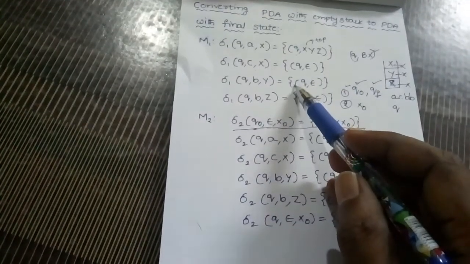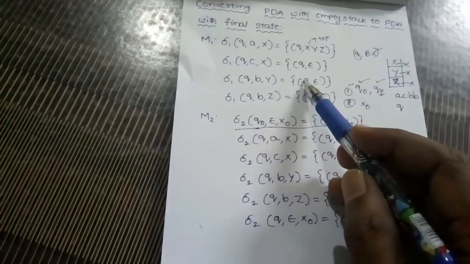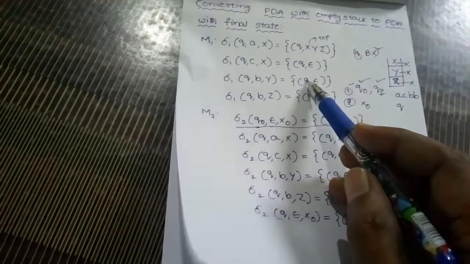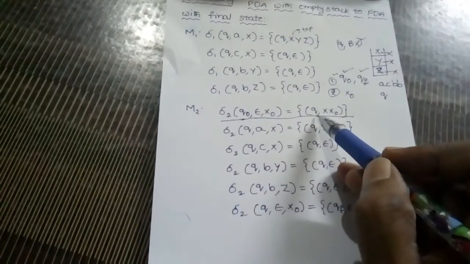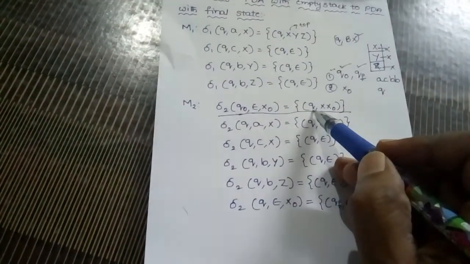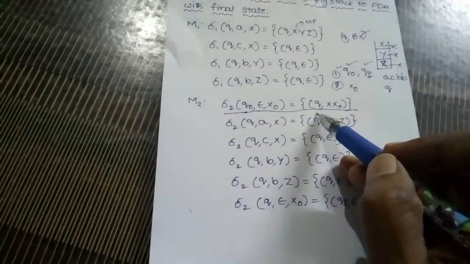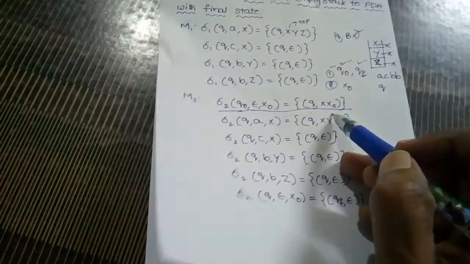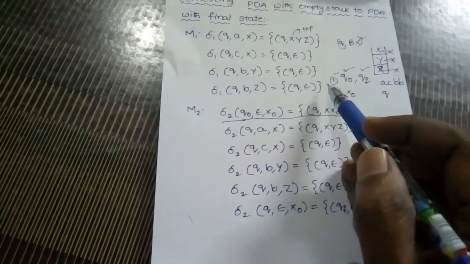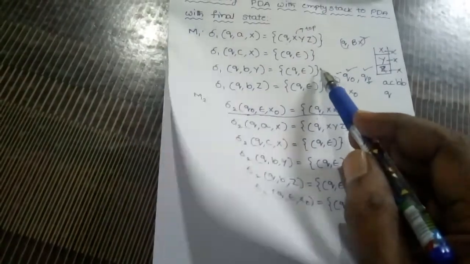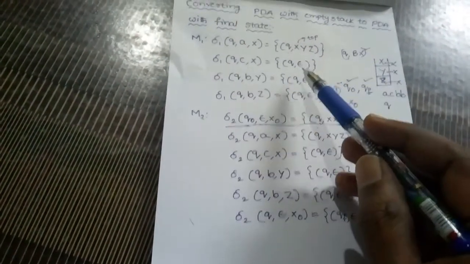Suppose in the PDA with empty stack we have, for example, two states Q0 and Q1, and if Q0 is the initial state, we have to write here Q0. But only one state is there, that's why we are writing here Q. And what we have to insert into the stack is the initial bottom of the stack for the given PDA with empty stack.